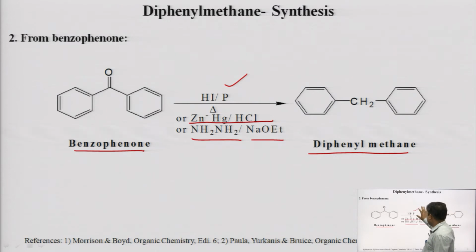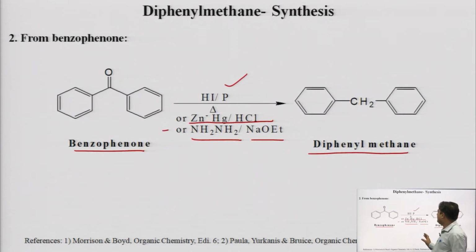In the first reaction, benzophenone is heated with hydrogen iodide and phosphorus, and reduction occurs. In the second reaction, benzophenone is reacted with zinc amalgam and HCl, again reduction occurs. In the third reaction, with hydrazine in the presence of sodium methoxide, we get diphenylmethane as a product. All these reactions are very simple.